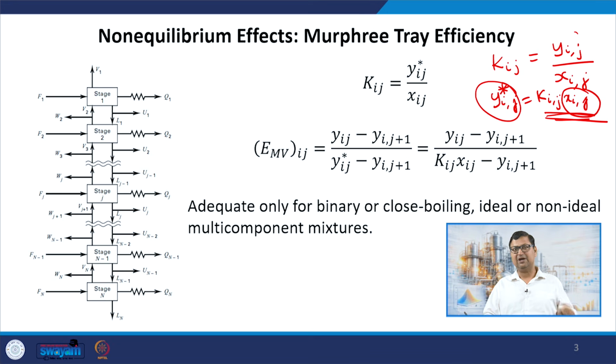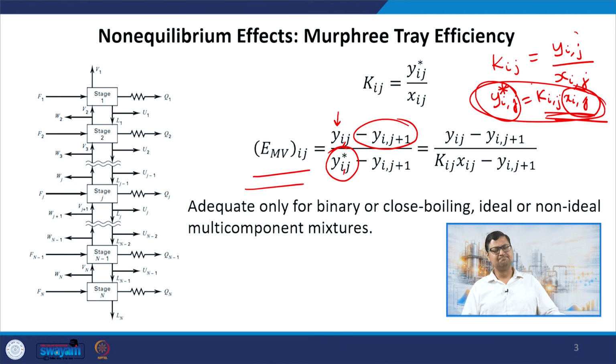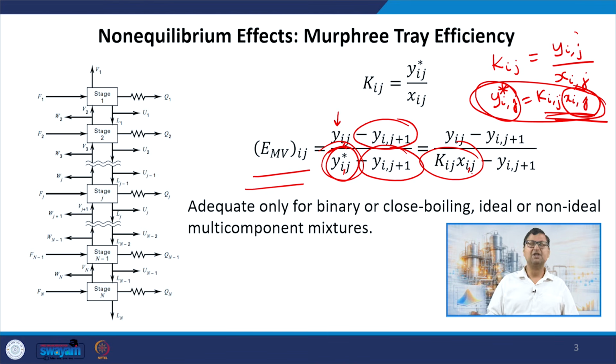Let us take that value as Yij star and then define an efficiency: my actual Yij minus the Yi for the stage below it, Yi,j plus 1, divided by the equilibrium value which I obtain from this relation minus the actual value which I obtain for stage j plus 1. And for the Yij star, I can substitute Kij Xij, right.